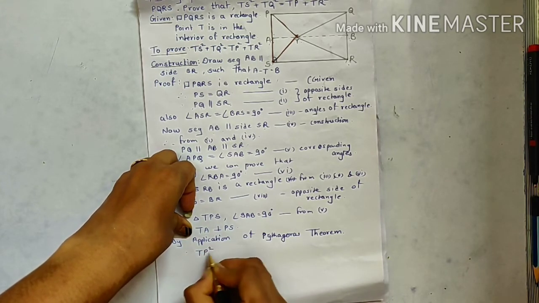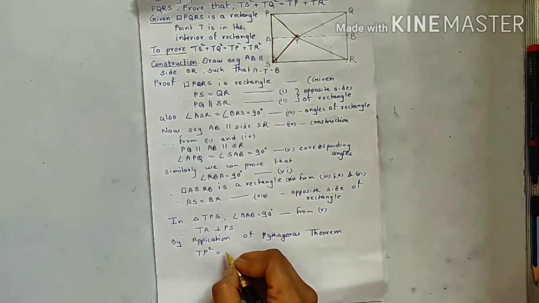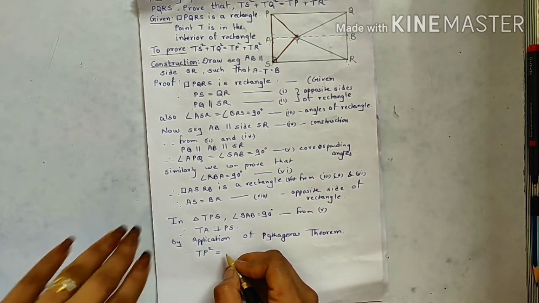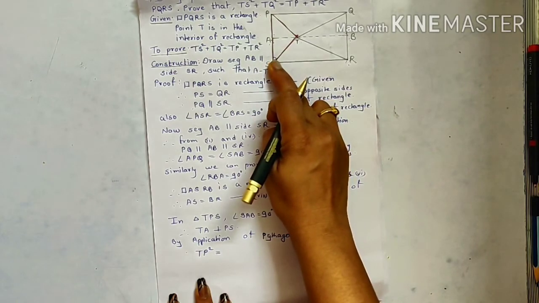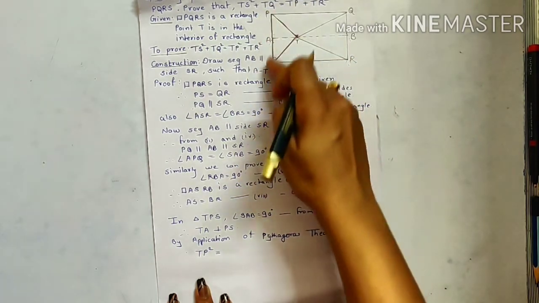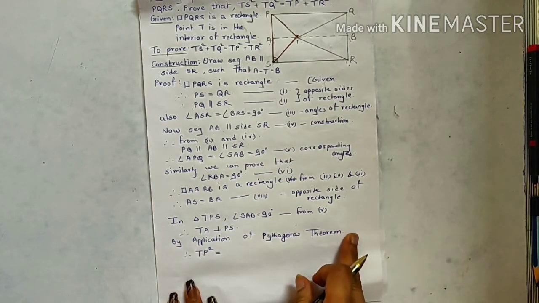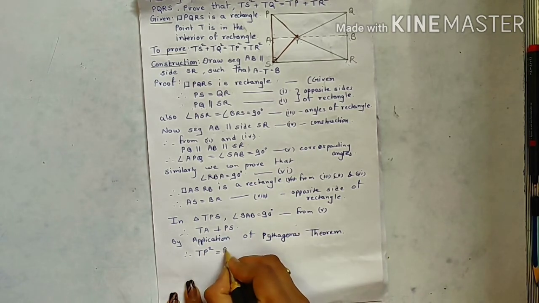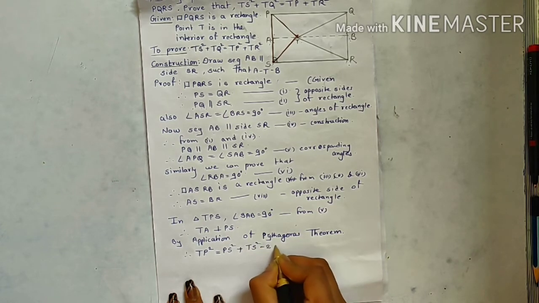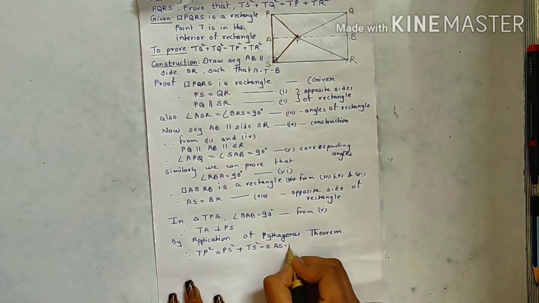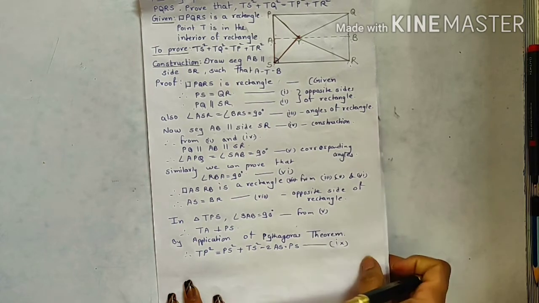So TP square is equal to TS square plus PS square minus 2AS into PS. We'll write that by application of Pythagoras theorem, TP square is equal to PS square plus TS square minus 2AS into PS. We'll number it as 9.